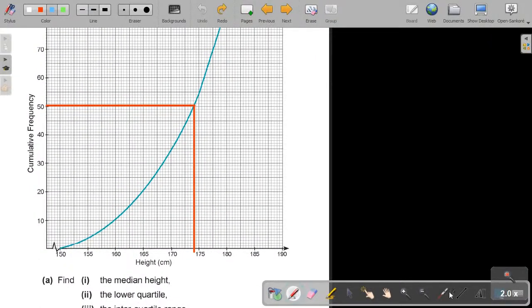Let me first mark it for you. The lower quartile is going to be at 25. It's a quarter of the total frequency. I want to do it also in red. I'm struggling with this. And red. And it's at 25. My pen ruler is not picking up. There it is now.